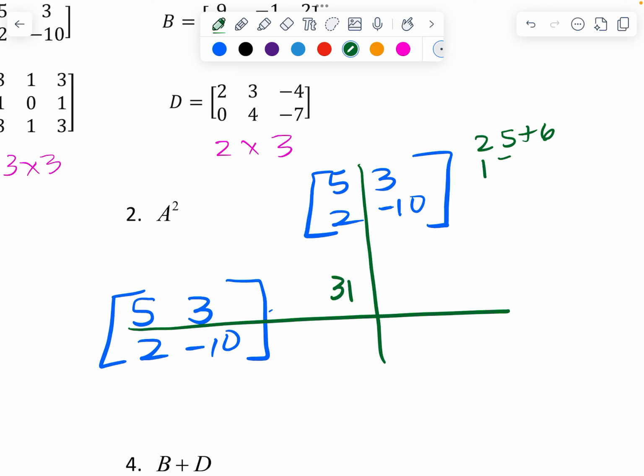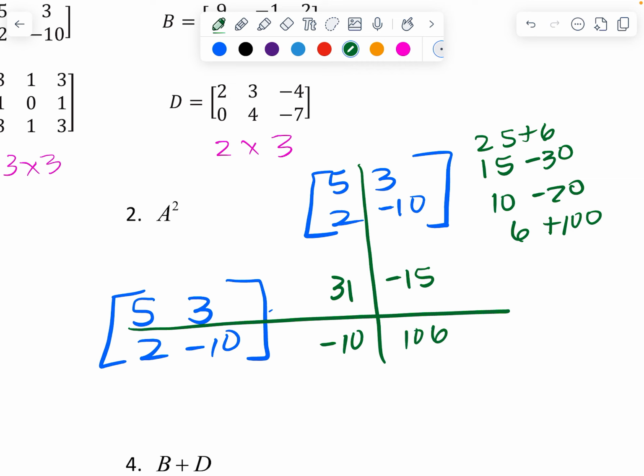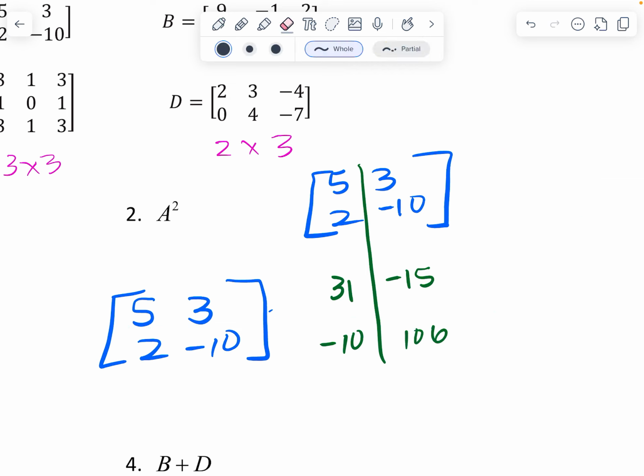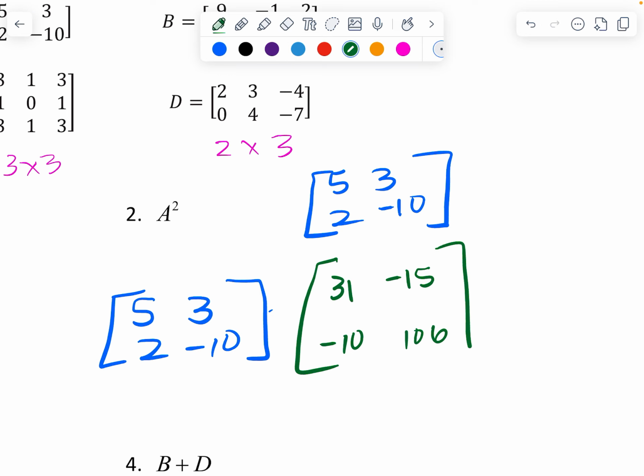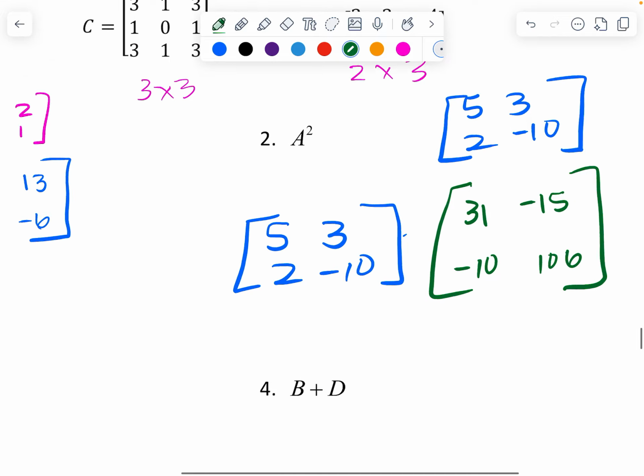Then I get 15 minus 30, which is negative 15. And then I get 5 times 2 is 10 minus 20, so that's going to get me negative 10. Then I'm going to get 6 plus 100, so 106. And then I'm going to erase all my extra work, and there we have it as our answer.